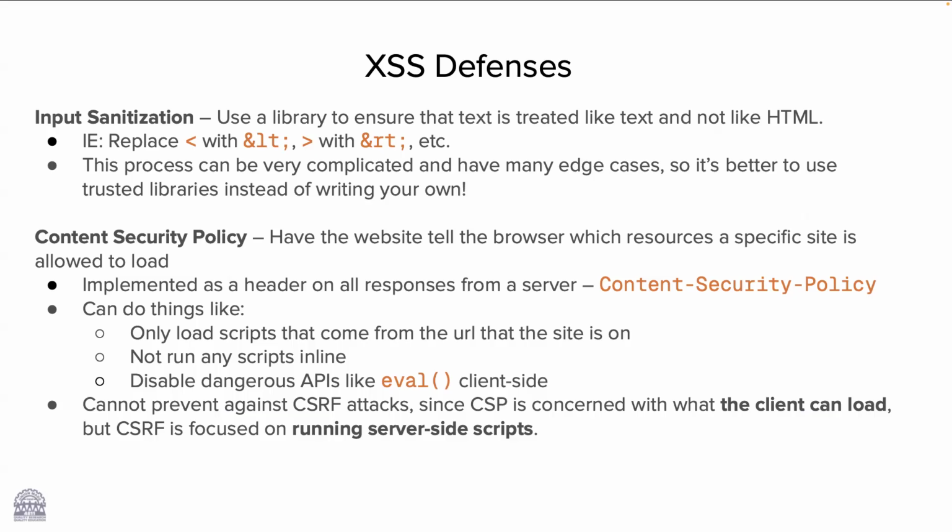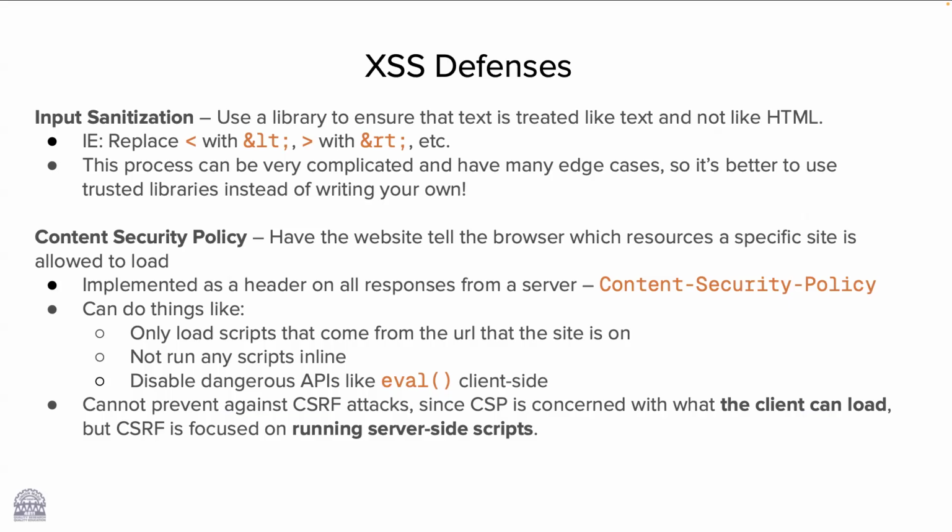Another way to do this is through the content security policy, where the website tells the browser which resources a specific site is allowed to load. Basically, you can only load scripts that come from a specific URL, so don't execute any scripts that come from anywhere else. Don't run any inline scripts, meaning scripts in script tags; they have to be loaded from somewhere else.